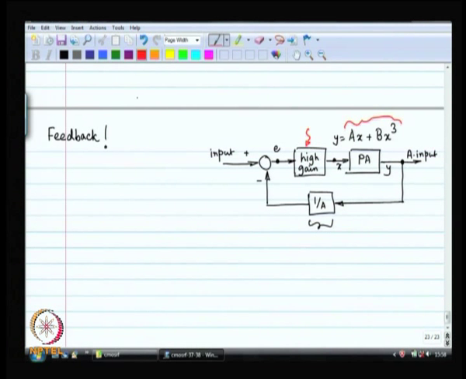Is this conceivable? Can we do this? We could do this. The problem is with the high gain block. How are you going to get high gain at an RF frequency? It is hard to make a gain of 10 and you are asking for extremely high gain of infinity.